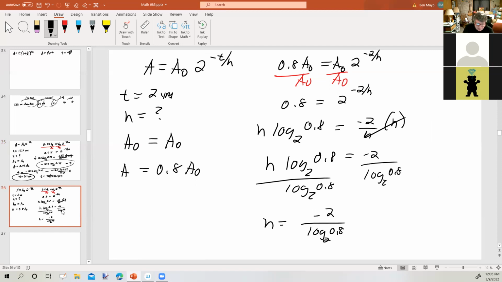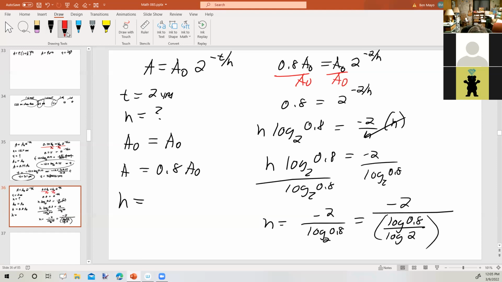Okay, so there's an exact answer. But to put that in the calculator, I'm going to use the change of base formula. I'll use base 10 this time. So I've got that over that. And I'm going to quantify that. So h equals, in my calculator, negative 2 divided by parentheses, log base 10 of 0.8, close that up, divided by log base 10 of 2, close that up, close up the whole thing.